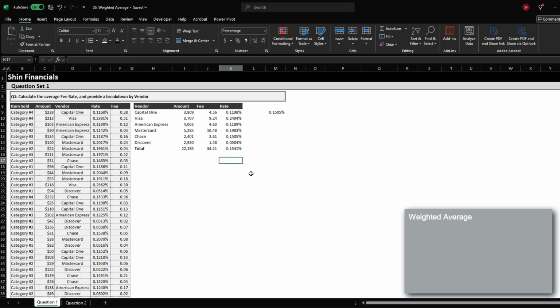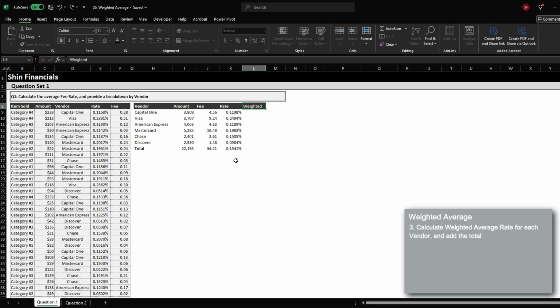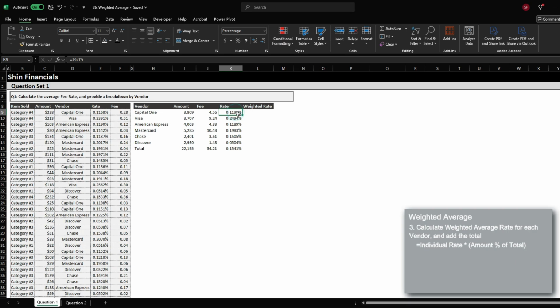But one thing you'll notice is that if we average the rate here, it doesn't actually get us to the 0.1541%, because these rates are just their individual rates. It's not relative to the total sales amount generated. So the way we actually calculate weighted rate is to apply their individual rate and multiply it against their relative percentage of the total.